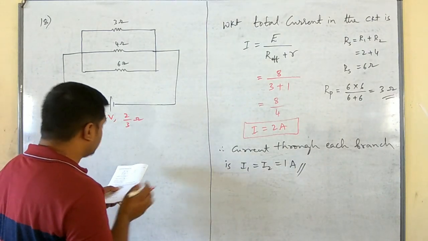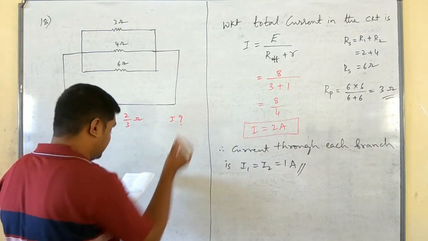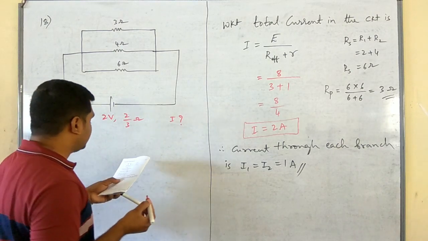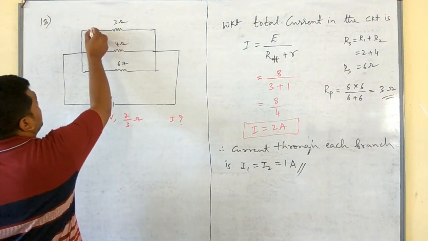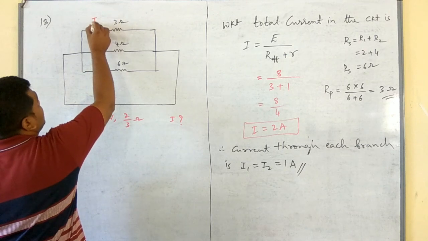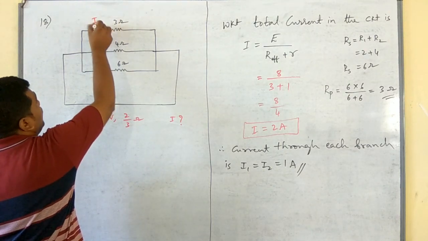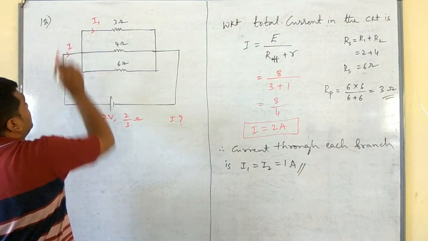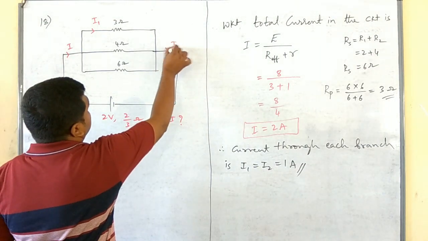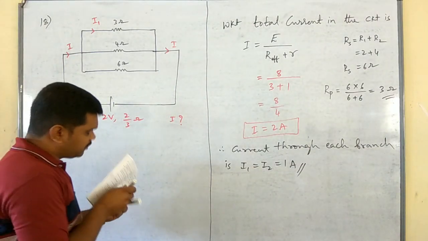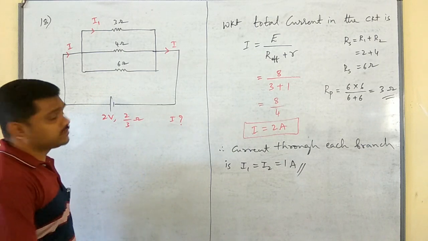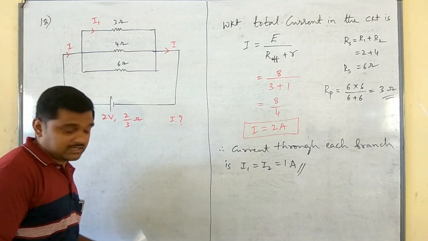Find the current drawn from the cell, main current I, and the current through 3 ohm resistor. If we call this as some I1, so this is I. We want to find out the current flowing through that 3 ohm resistor.